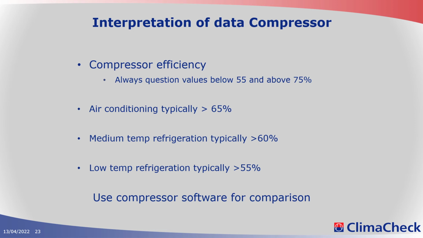If it's a low temp compressor at maximum pressure ratio, it might not do any better than that. But if it's an air conditioning heat pump compressor at reasonable pressure ratio, you should be well above 60 over the whole envelope. So these are just some rules of thumb if you don't have access to compressor software.